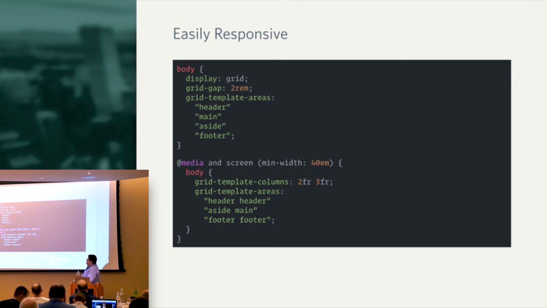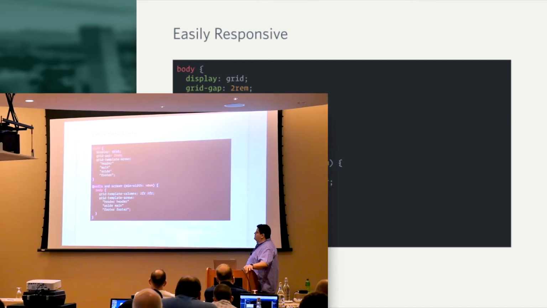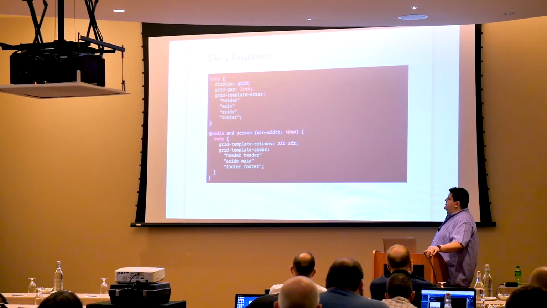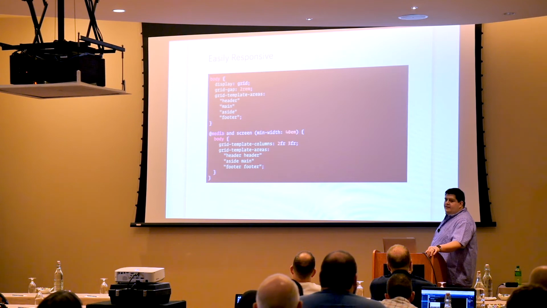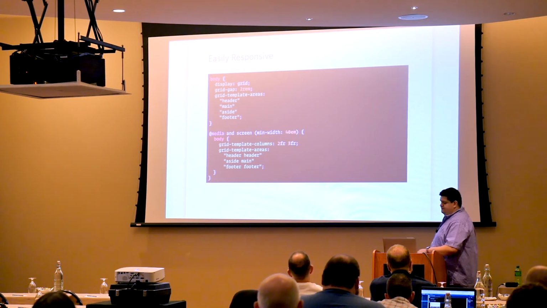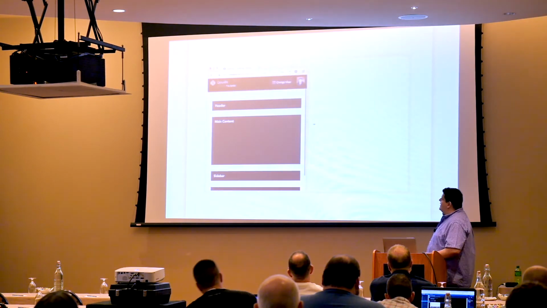We have a header first, we have our main second, then our aside, then our footer. Then we write a simple media query where we create the 2 columns that we want, because again, grid gives us by default only 1 column. And then we write our grid template areas to fit that new arrangement. And then this is what we get.